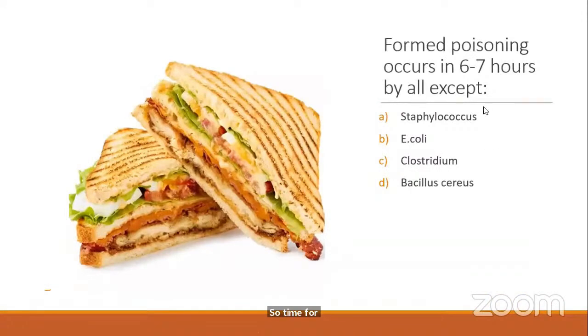Food poisoning due to preformed toxin, which is already there in the food, is seen with which kind of organism? Yes, it is staphylococcal infection. Staphylococcal is usually seen, but the question is all except.